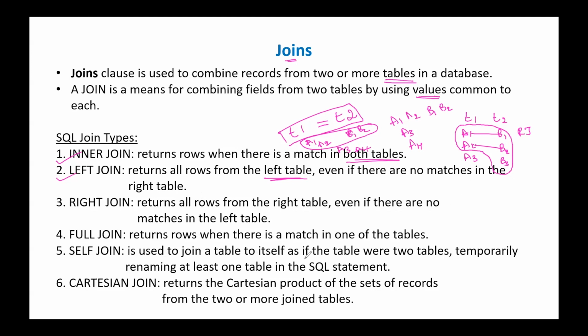Self join is used to join a table to itself. There are certain situations where I will have a single table with attributes A1, A2, A3. When I am joining this with the same table, that is called a self join. This method is used in certain situations where we have to retrieve data.